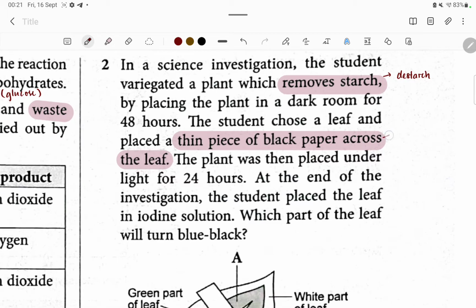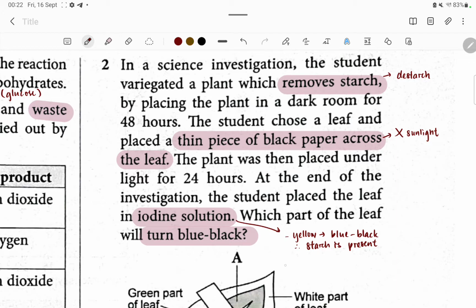So this one means that this part doesn't have sunlight. The plant was then placed under light for 24 hours. At the end, after that they put in iodine solution, which one will turn blue black? For iodine, if it's from yellow to blue black, this means that starch is present.